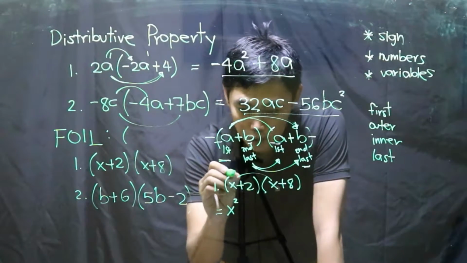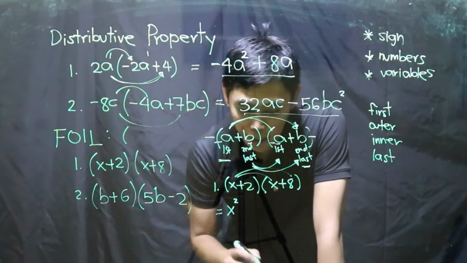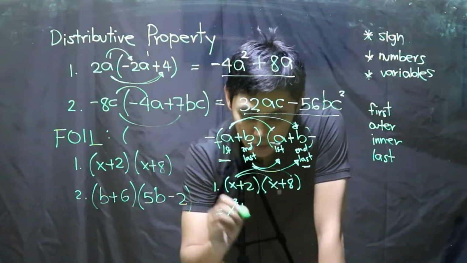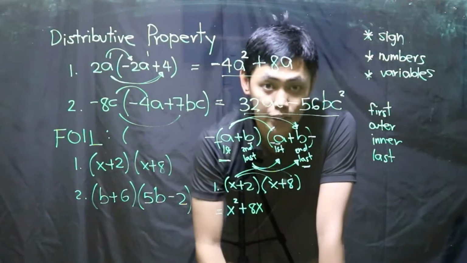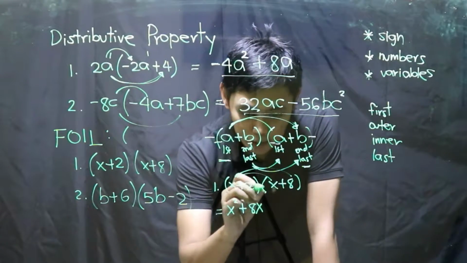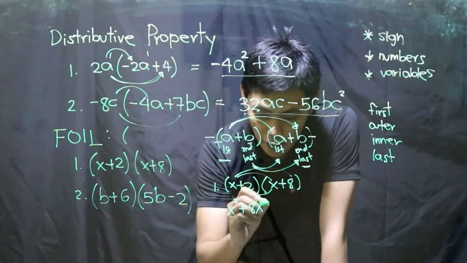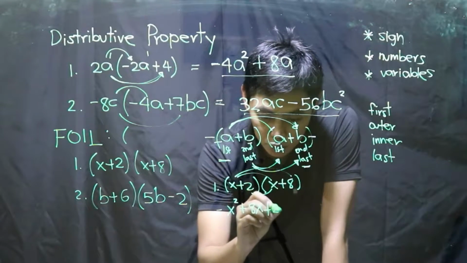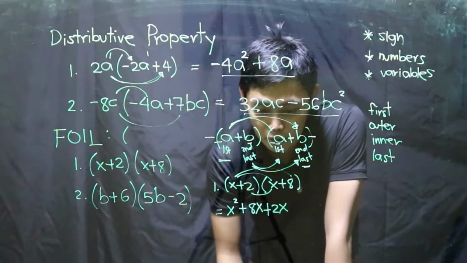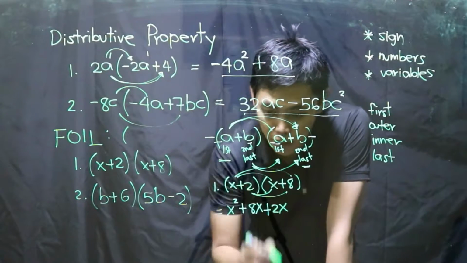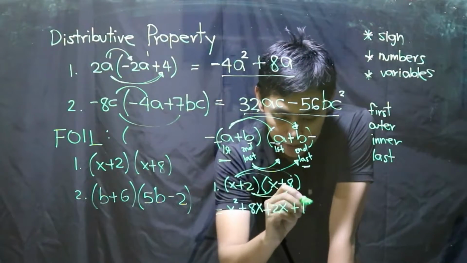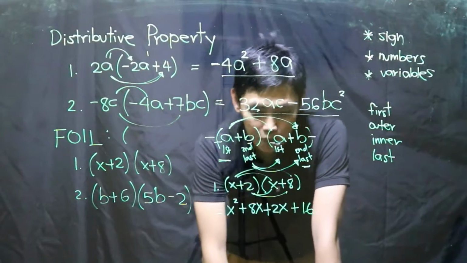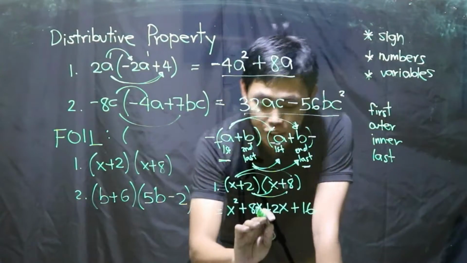Let's go outer. X times 8. Okay, so we have 8x. 2 times x, we have 2x. And next is, we have 2 times 8, we have 16. Okay. So we have this answer.